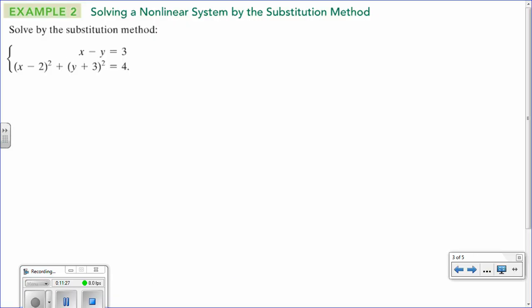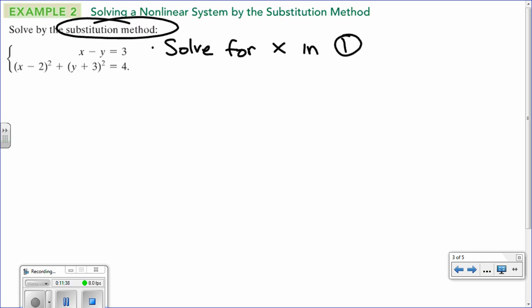So here we have a line, and we could use substitution again. I'm going to solve for x in equation number 1. So x minus y is equal to 3, so x is equal to y plus 3. Very good.